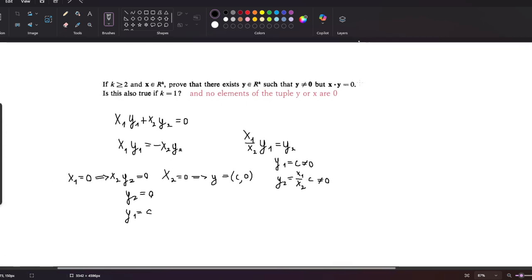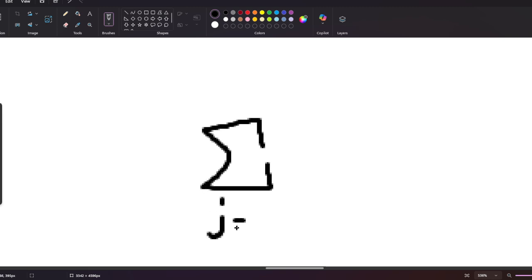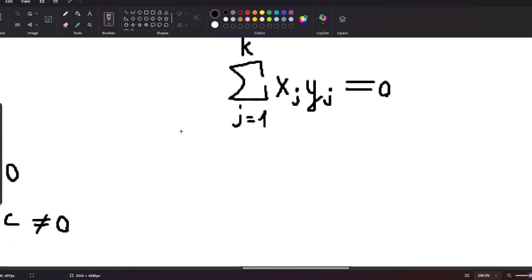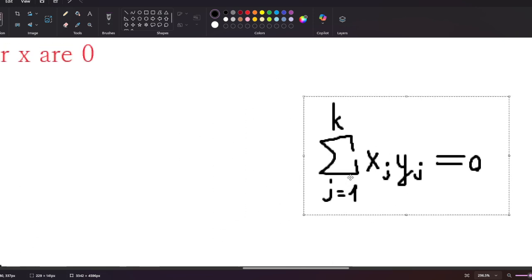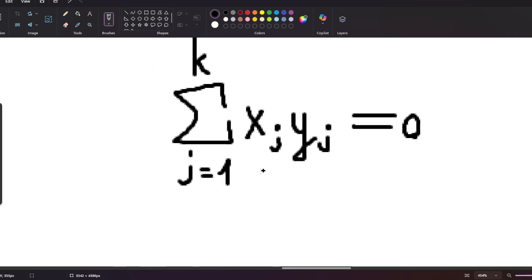So what we're gonna do is write down the scalar product in this form: the sum from j equals 1 to k of xj yj. We say that it's equal to 0. Now we're gonna grab some nice notation for a second, and I'm gonna redefine the exponentiation notation for my usage.